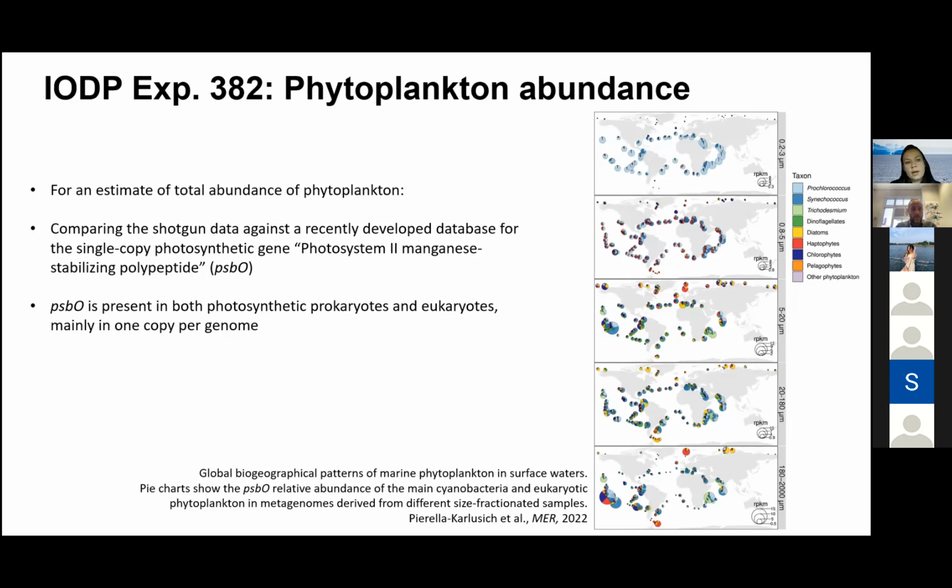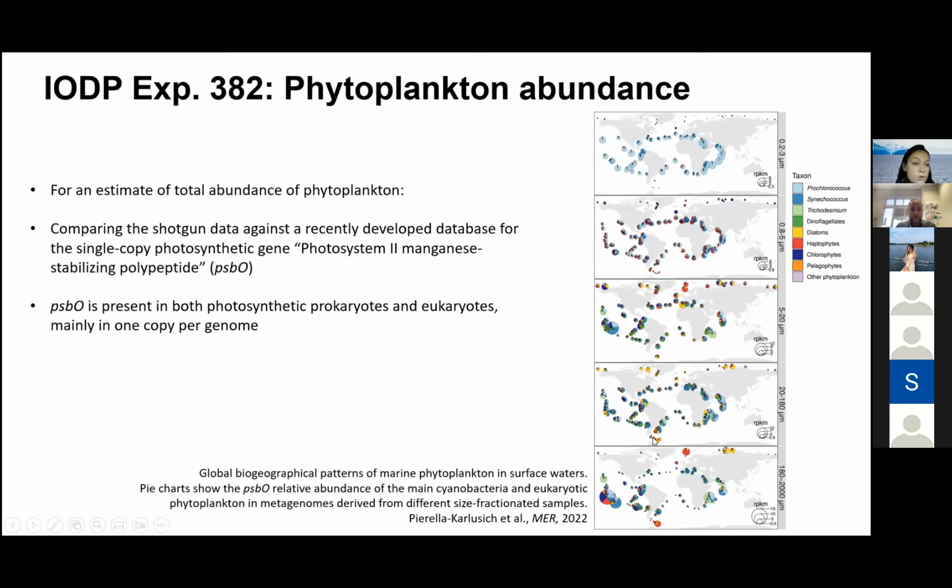So moving away from the composition part, rather than just looking at the taxonomic genes, we also wanted to see if there's something we can say about productivity at the time. This refers back to a study published earlier this year by Juan Pirela Carlosich, based on Tara Oceans data.